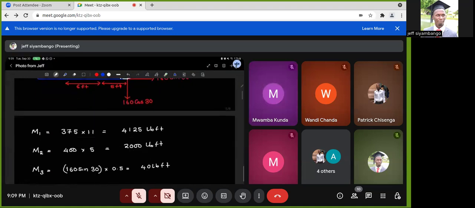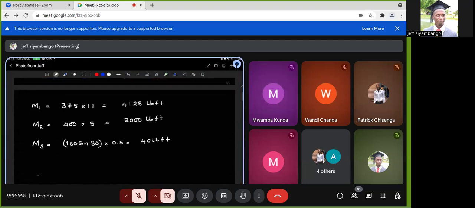So now that we are done getting everything there, we can get the resultant. The resultant moment due to the three forces will be equal to the sum. So the sum there, we have 6,000, then plus that 40. Verify this.